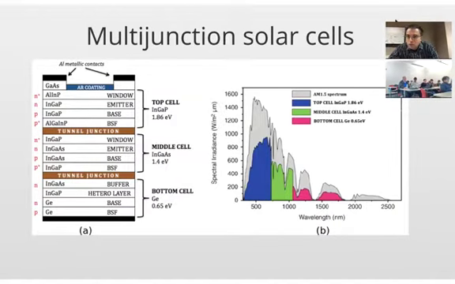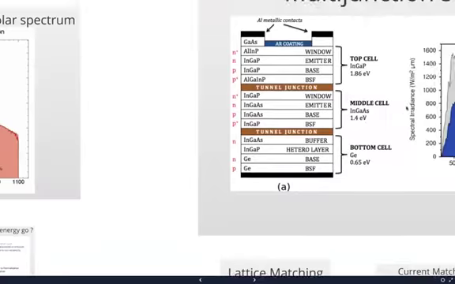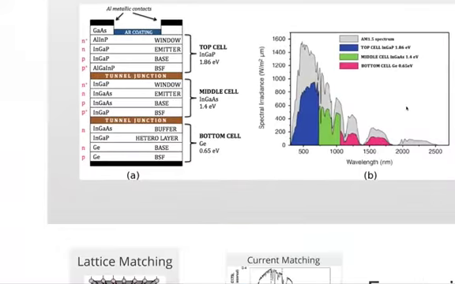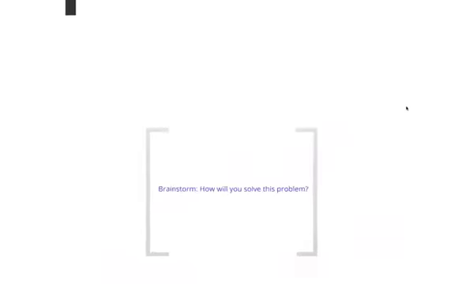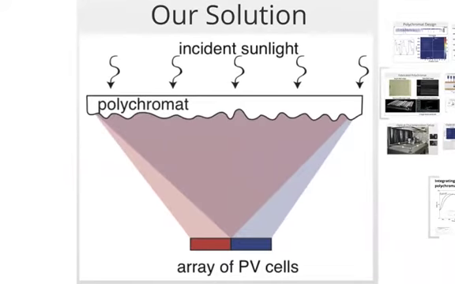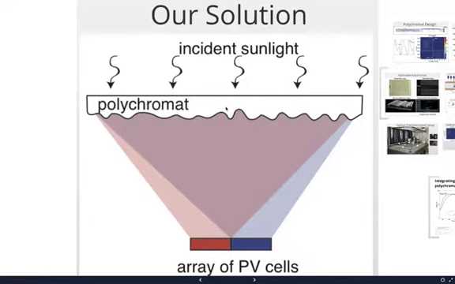So I'm going to talk about the solution that we developed, which is along the lines of both the solutions that you pointed out. We decided to create an optical element which will take sunlight and separate the colors. In this example, we're only showing two different colors.